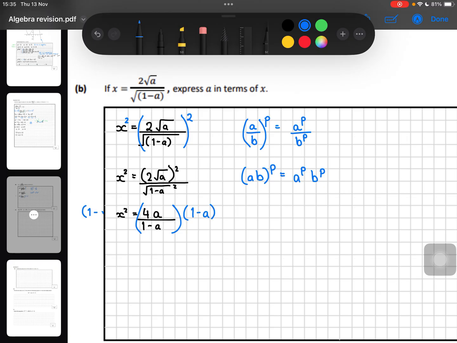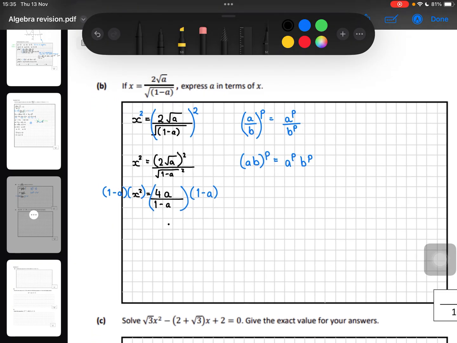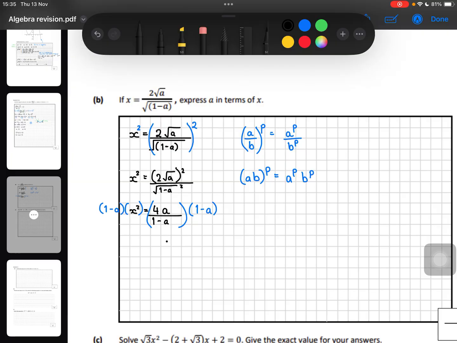So 1 minus a by both sides. If I multiply that out, I will get on the left hand side 1 by x squared, so x squared, and minus a by x squared, so that's minus a x squared. And on my right hand side, that is going to be equal to 4a.